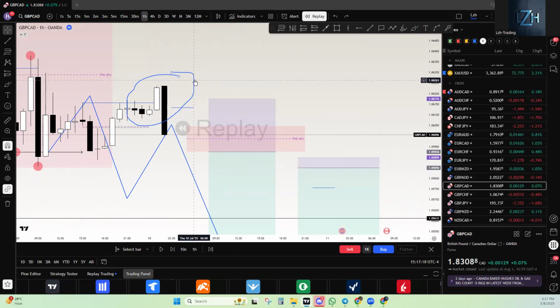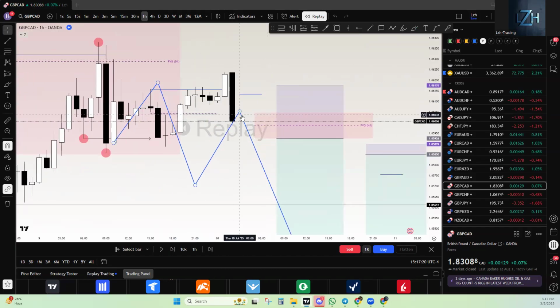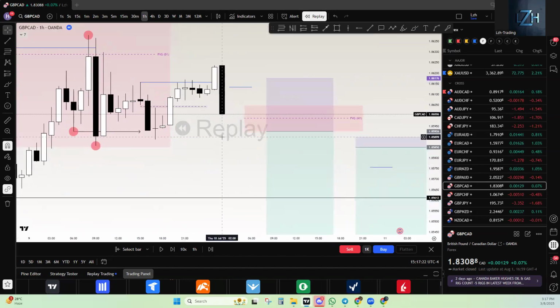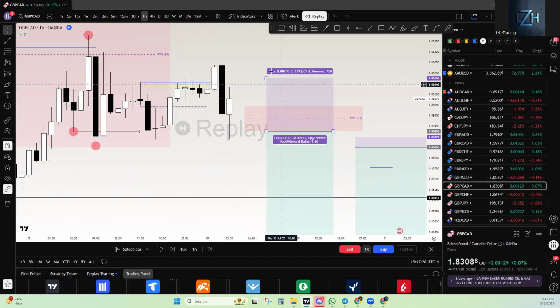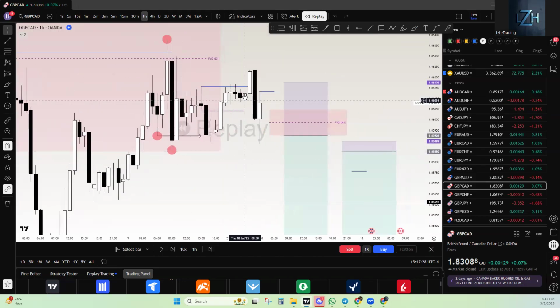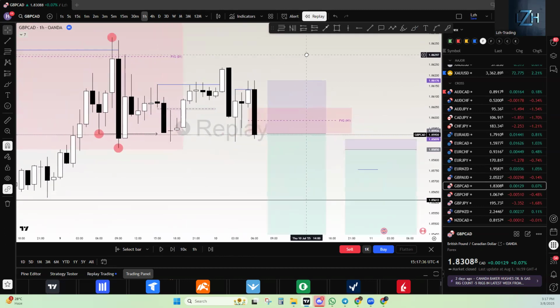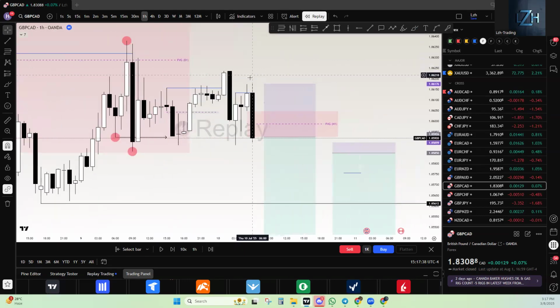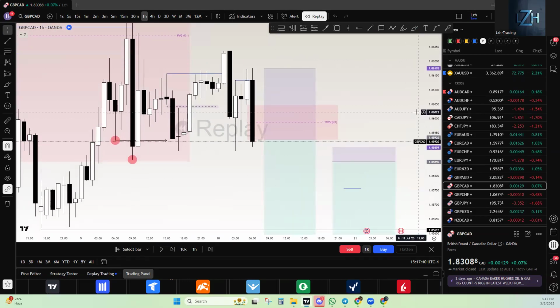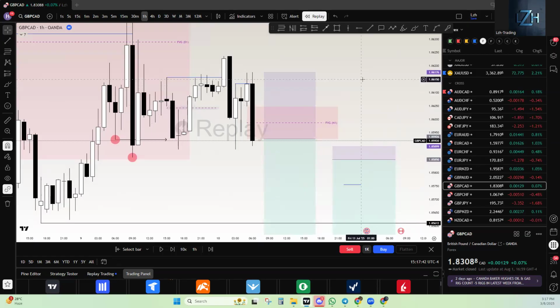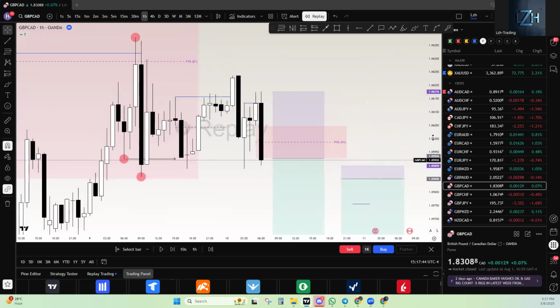Sorry, let me remove this first. And next candle here, still not sure because there's no fair value. Okay, here comes the fair value. So if you want to see the price change of structure, you want to see a body closure.